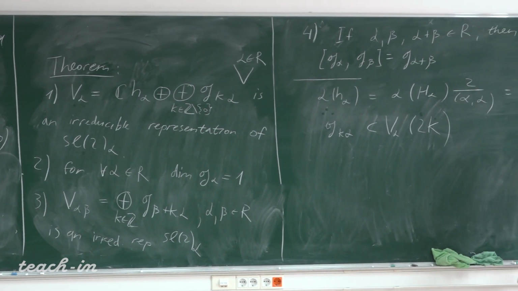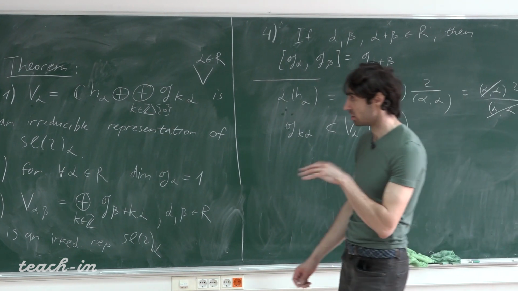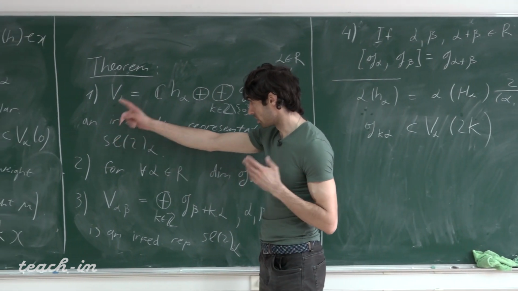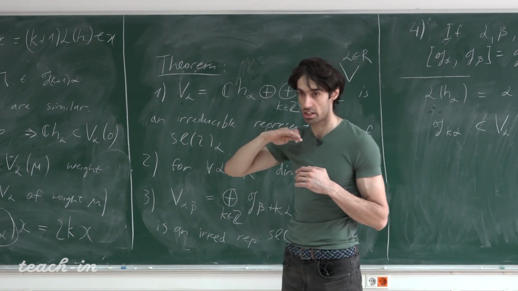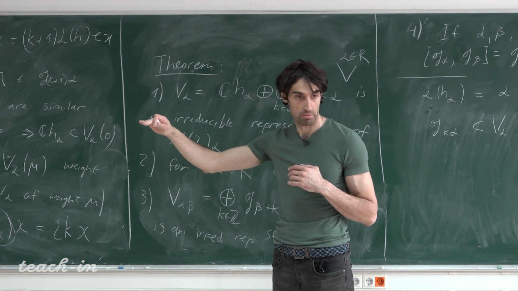But remember that if we have a representation, in our case V alpha, then it is decomposed as the direct sum of weight subspaces.